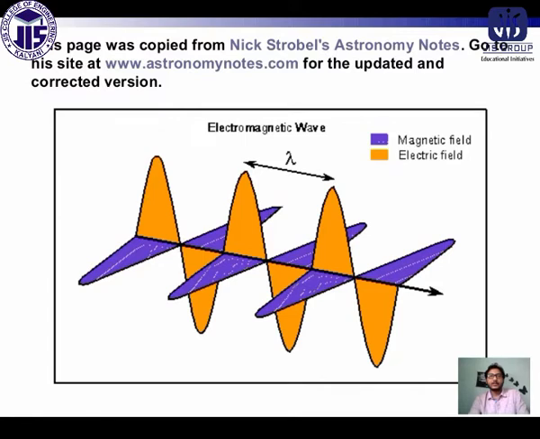And if we consider these electromagnetic waves, lambda is considered the wavelength. An electromagnetic wave means there is one electric wave and one magnetic wave, one electric field and one magnetic field.